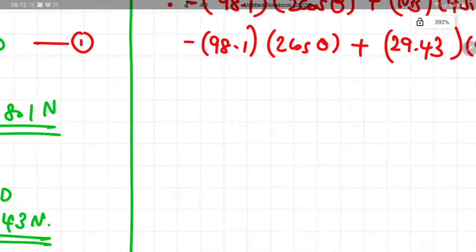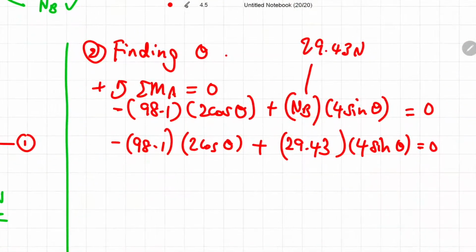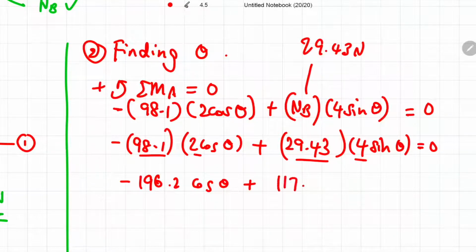Let us first solve for this known value here, which is 98.1 multiplied by 2. It becomes 196.2 cos theta. And then don't forget, this one can also be simplified, which is 29.43 multiplied by 4. It becomes 117.72 sin theta, and that sums up to 0. As you can see, there is a combination of sin theta and cos theta in the same equation.